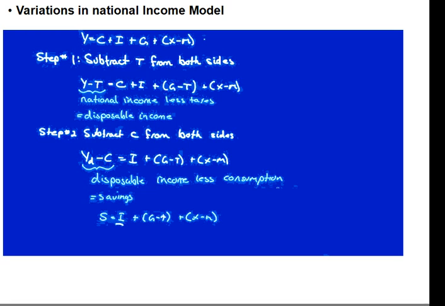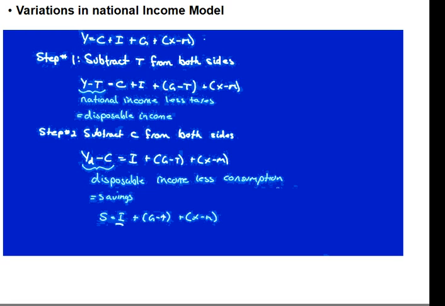Okay, we know that Y is equal to C plus I plus G plus exports minus imports. So let's have some simple variations in national income. Step 1, subtract T from both sides.